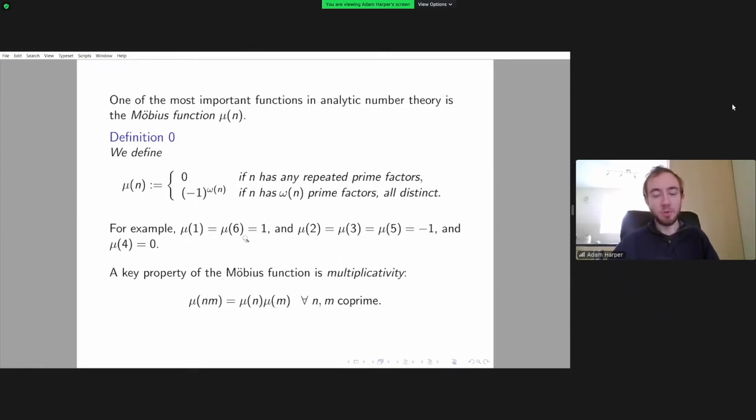And the total number of prime factors of n times m is just the sum of the numbers of prime factors of n and of m. So the parity thing works out. So this is a nice kind of multiplicative function that takes the values 1 and minus 1 and 0 sometimes. And it's really interesting.